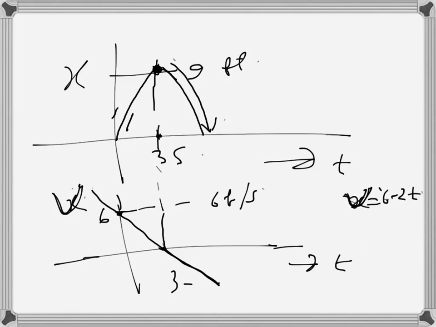Initially velocity was decreasing, but it was in the other direction. So that was upward velocity, up to 3 seconds, and then after 3 seconds it's going downwards, and the velocity is increasing.